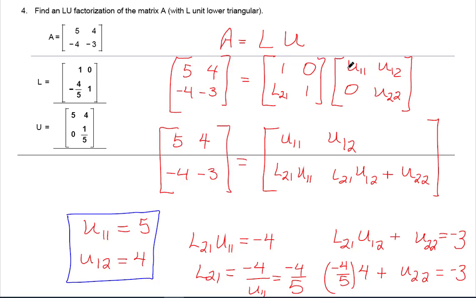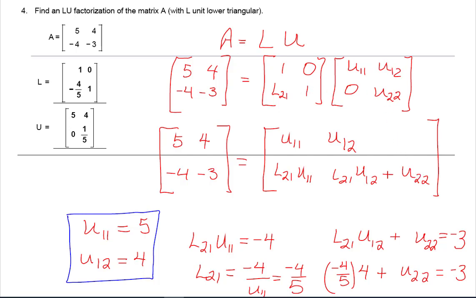1 times u11 plus 0 times 0. 1 times u12 plus 0. L21 times u11 plus 0. And finally, L21 u12 plus u22.